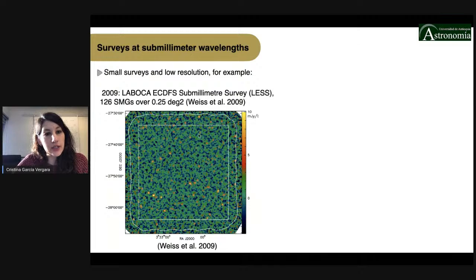For example, this is one survey which is called the LESS survey. It was performed with an instrument called LABOCA on APEX in Chile, and this was done in 2009. This survey covered 0.25 square degrees, and there were 126 sub-millimeter galaxies. Then we are talking about a much lower number of objects in this case.